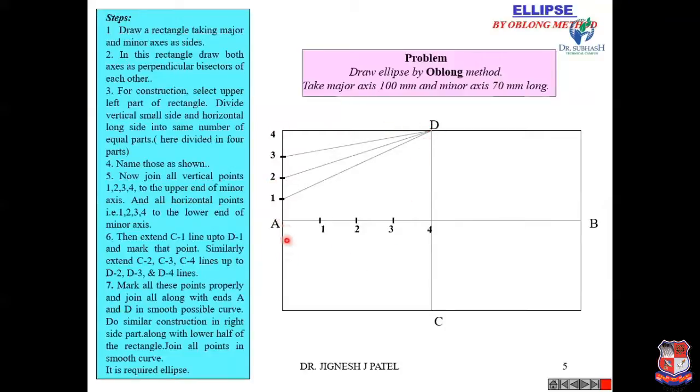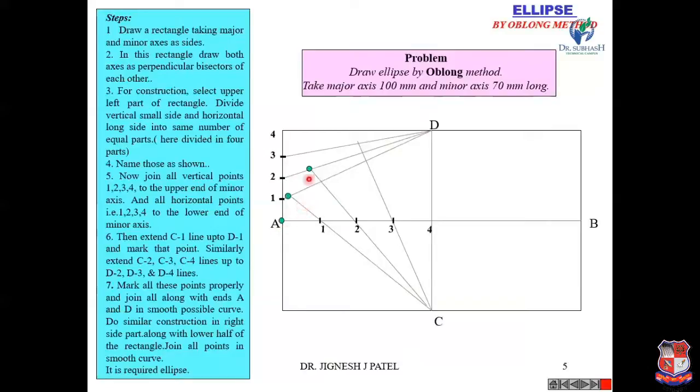Okay. Now join C1 and extend this line up to 1D. Similarly, join C2 and extend it up to 2D. Join C3 and extend it up to 3D. Now the intersection point of lines C1 and 1D is our point of the ellipse.